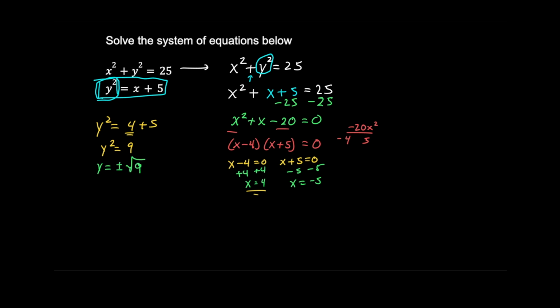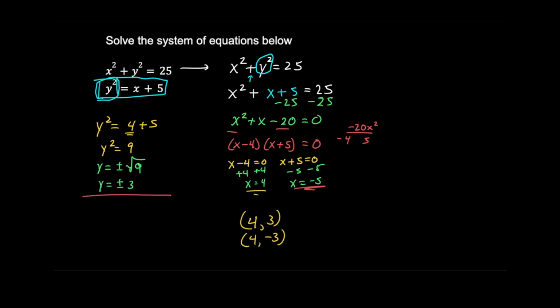In other words, y is equal to plus or minus 3. We actually have two answers for the y value with 4. So that means we have 4 comma positive 3 and 4 comma negative 3. We're not done though. We still have another x value to go back and do.